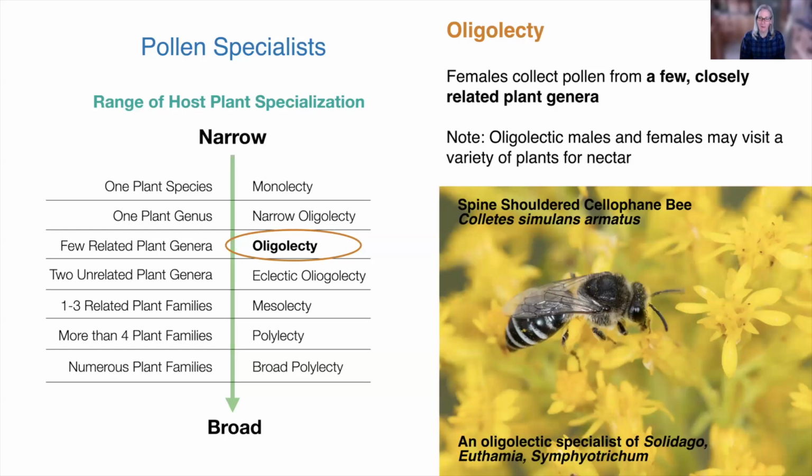I don't even have all the genera listed there since we've reclassified the goldenrods and asters. But as you can see, given her timing of when she is active, she's easily overlapping with many species within these genera belonging to one plant family.